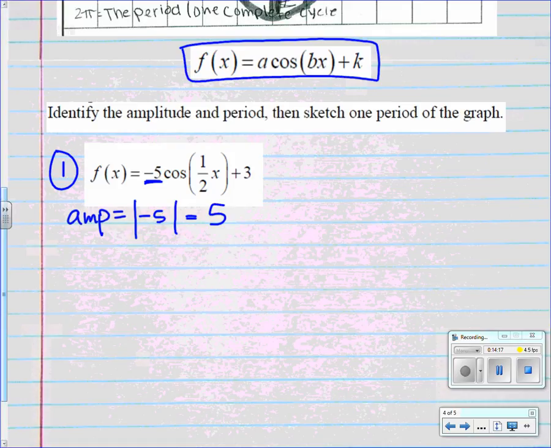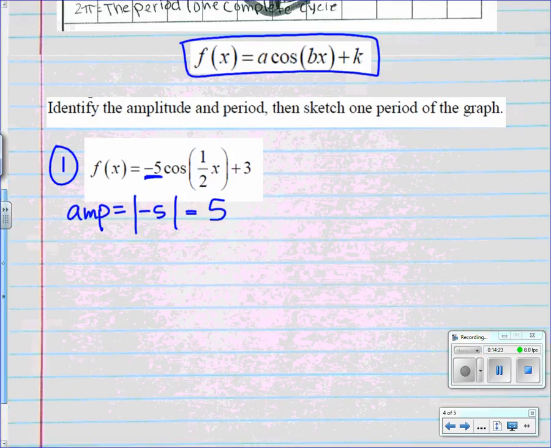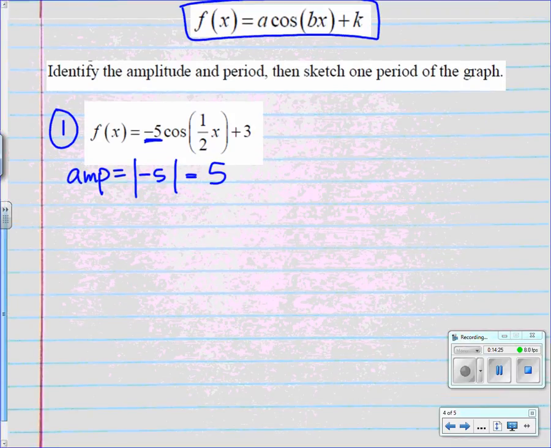Okay, because you can never have a negative height, because that's referring to the height of each wave. And then, let's see what's next. We did period. It's always 2 pi over the absolute value of b. And b is always multiplying the x.